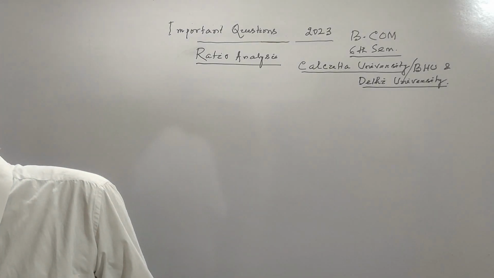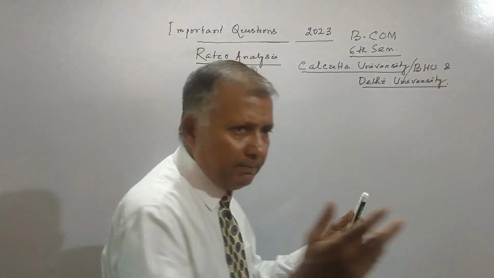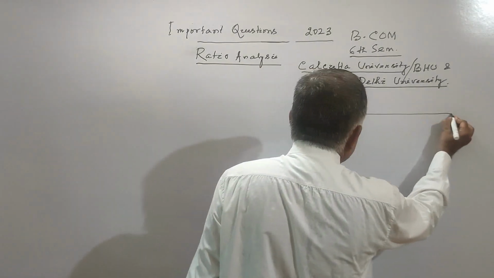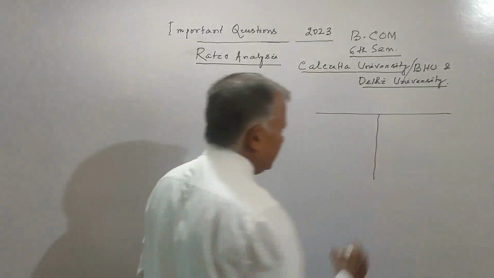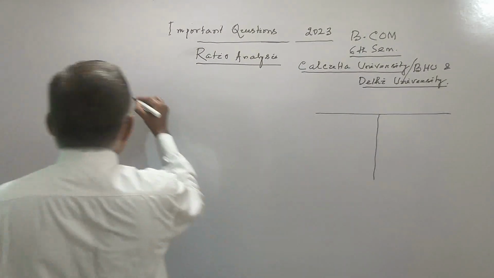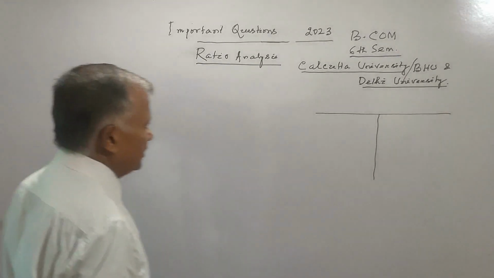So friends, here the concept of net worth is very important. Let us first find out what is the concept of net worth. This is question number 1. We are doing the answer here.